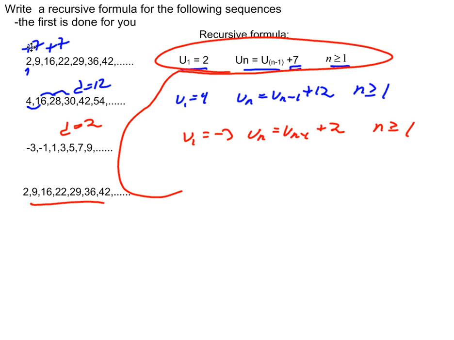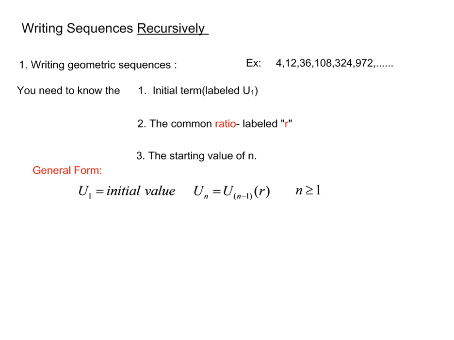Let's keep going, writing sequences recursively. What about geometric sequences? Notice that this sequence first goes up by 8, but then it goes up by 24, so it's not arithmetic. It's actually getting multiplied by 3 each time, so that common ratio is 3.